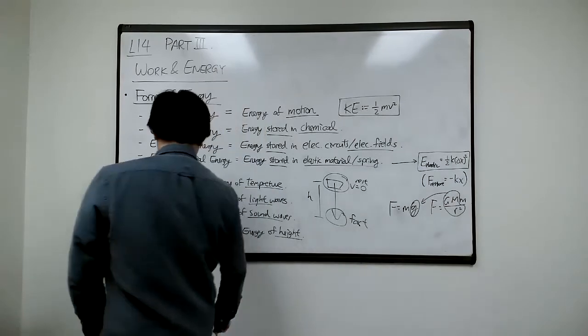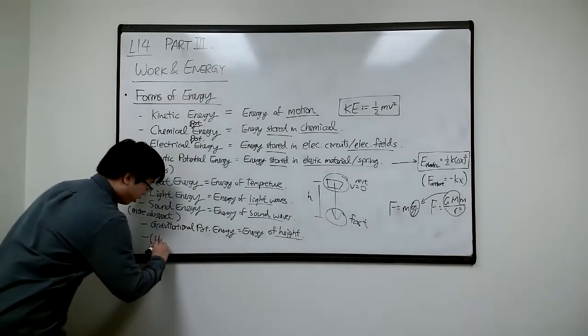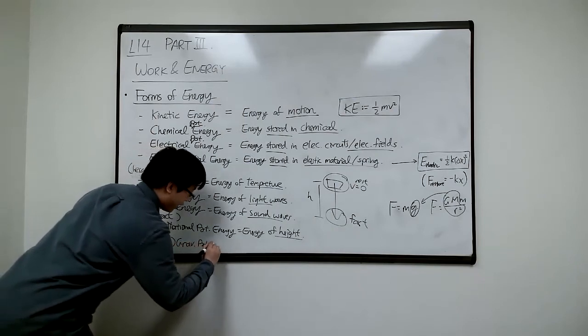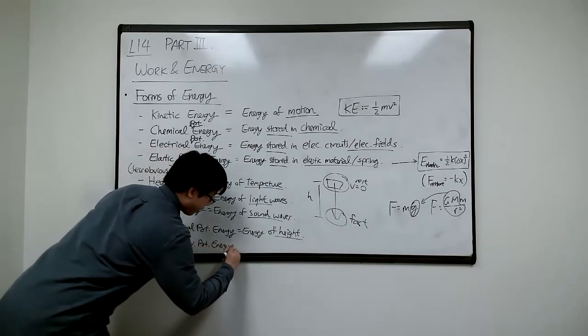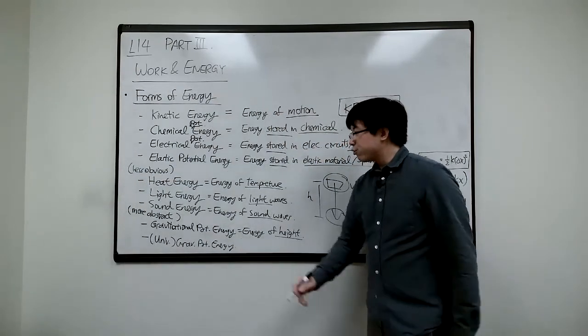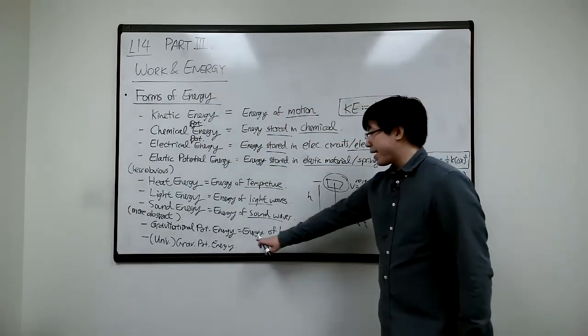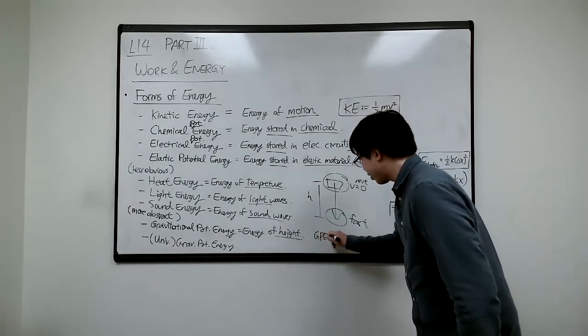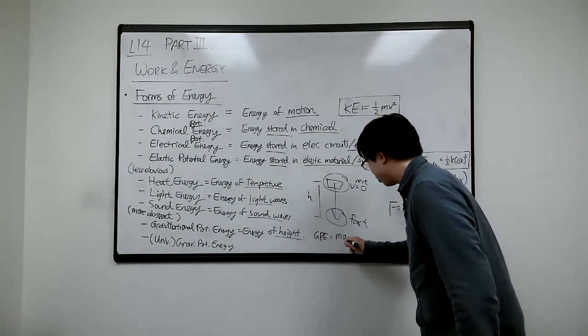There is the more general one as well, which is universal gravitational potential energy. We're not going to talk about that too much, maybe just a little bit, but mainly we'll focus on energy of height. And I have a formula for that. The gravitational potential energy, GPE, is mgh.